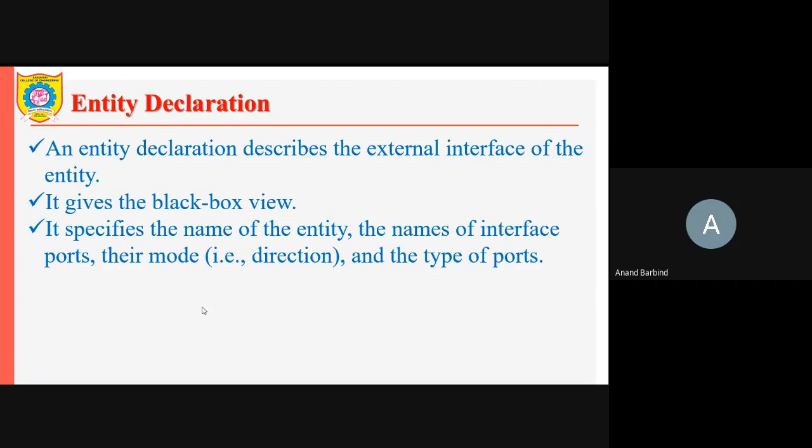It describes the external interfaces, that is, what are the inputs and outputs of that particular circuit. It specifies the name of the interface ports, that is, the input or output pins, and the direction, that is, whether it is an input or output type of port.